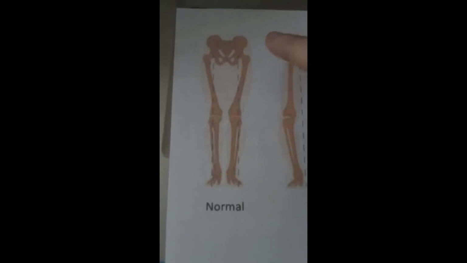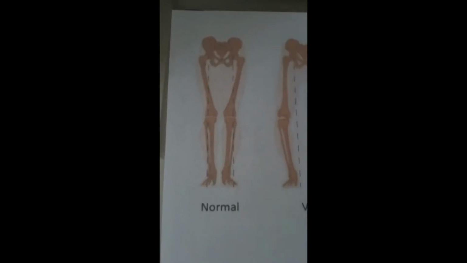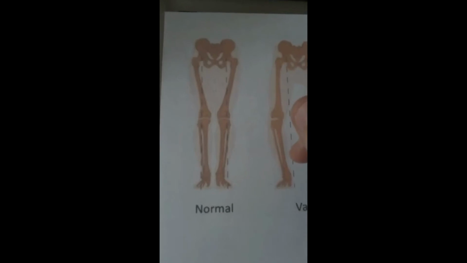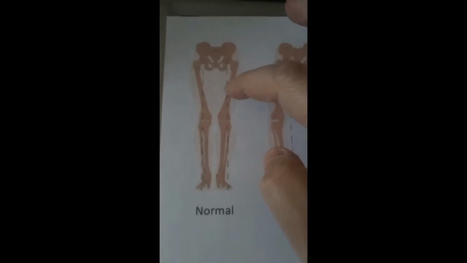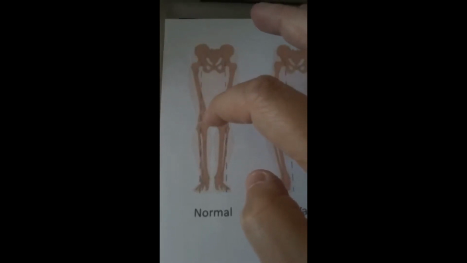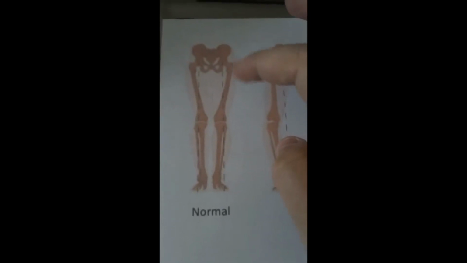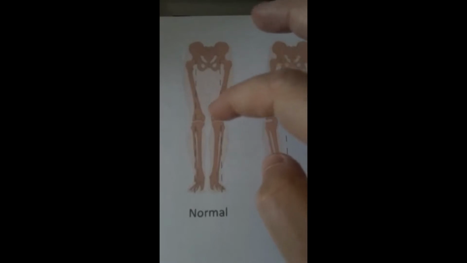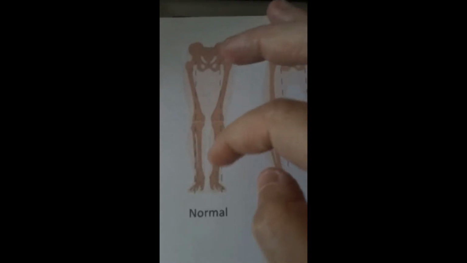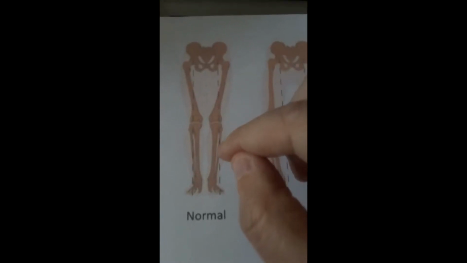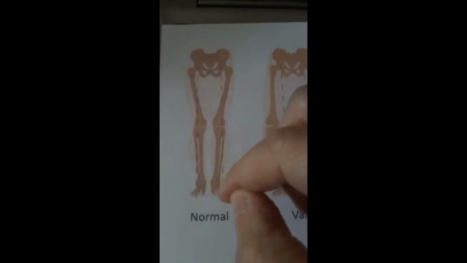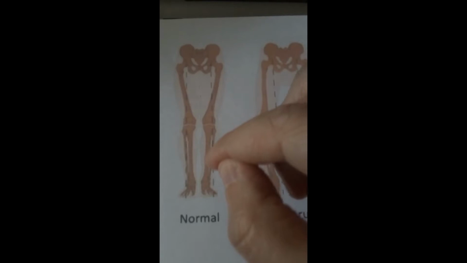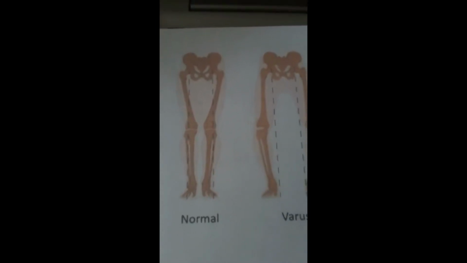So you can see here in a normal knee joint, you've got the thigh bones that come down at a bit of an angle, but generally fairly straight, which then means that the lower leg is properly in line with the ankles.